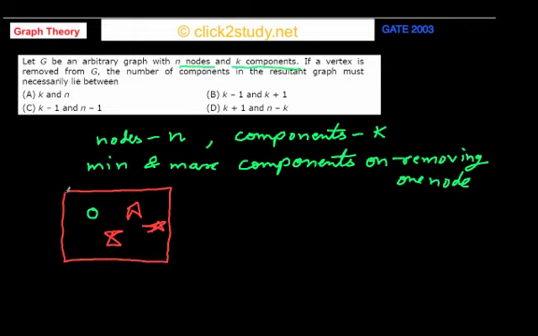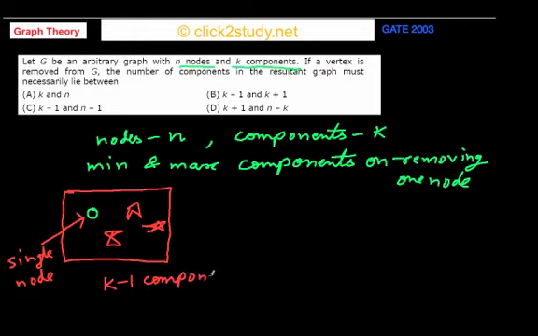If you remove this component from this graph, this single component which is a single node, how many components are you left with? You are left with k minus 1 components.